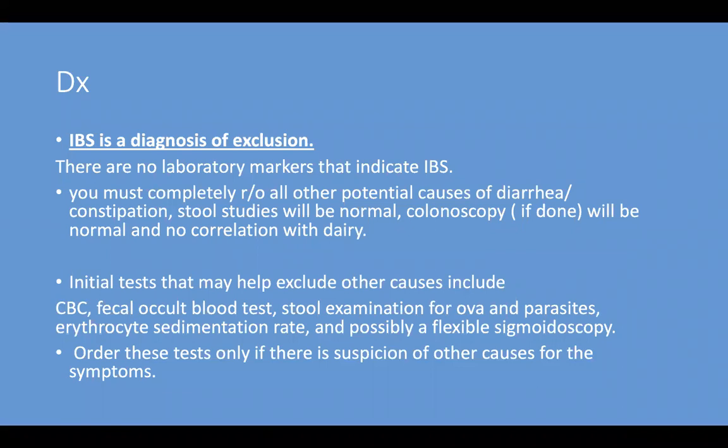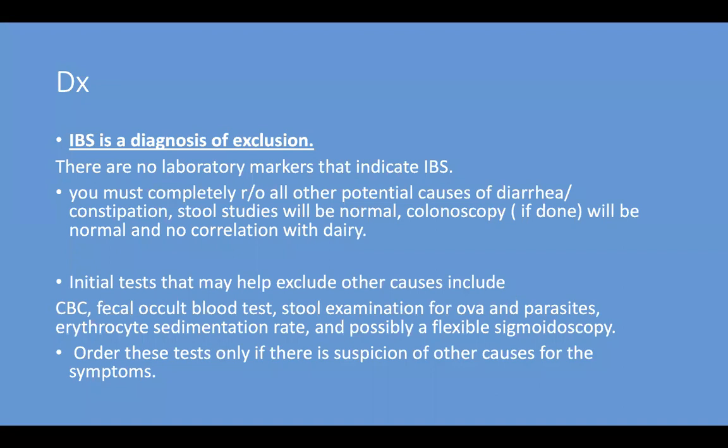So what are the initial tests that may help exclude other causes? You can do a CBC. If you find a low hemoglobin or low hematocrit, this could make you think about bleeding due to cancer maybe. Fecal occult blood test to exclude hidden bleeding due to cancer.